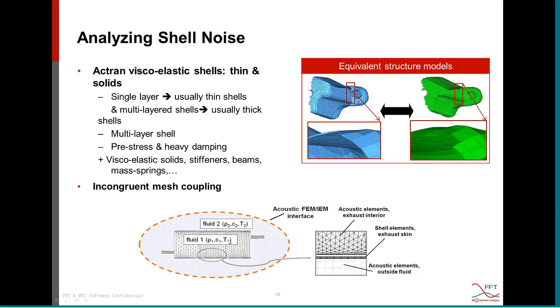In the interior air, we can introduce the air properties, which has its own density, speed of sound, and temperature. And outside, we'll have another set of properties. All these three domains are connected using the interface coupling capability in Actran. So we don't need to have node-shared mesh through these three components.